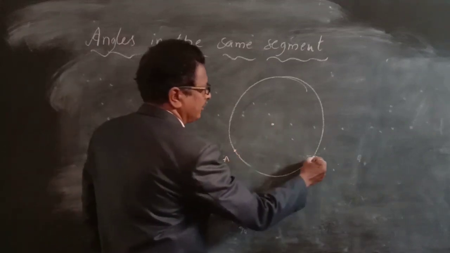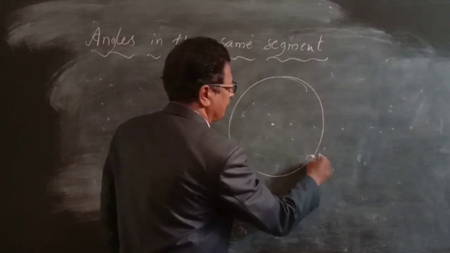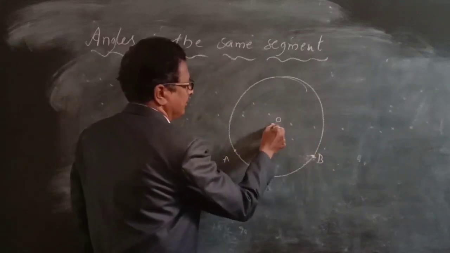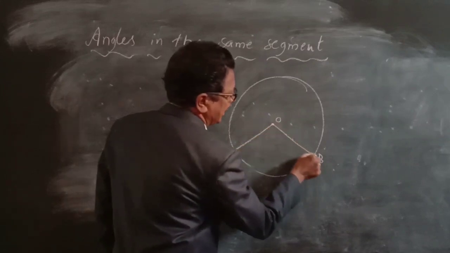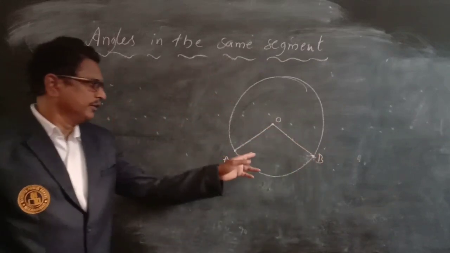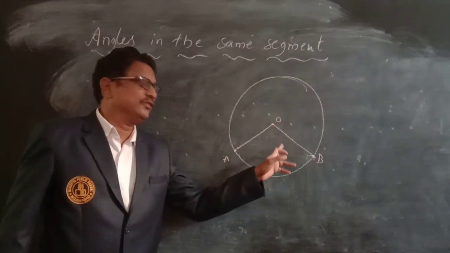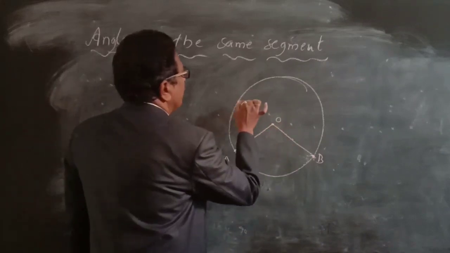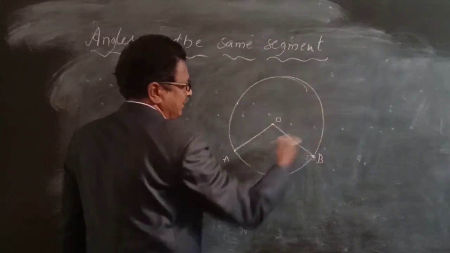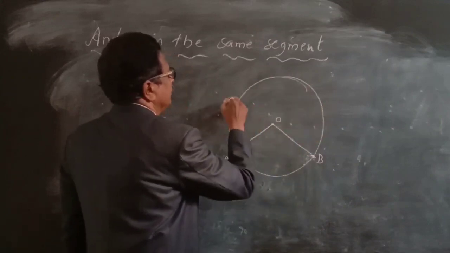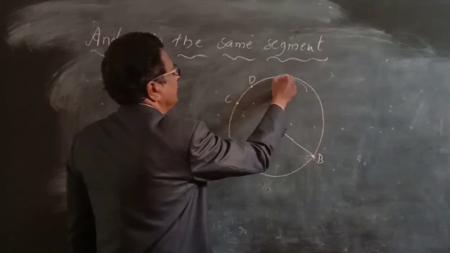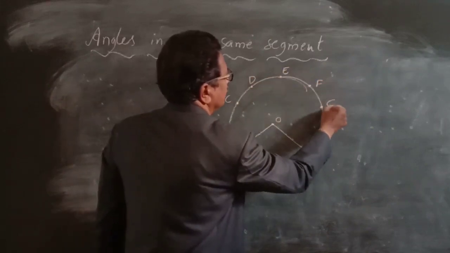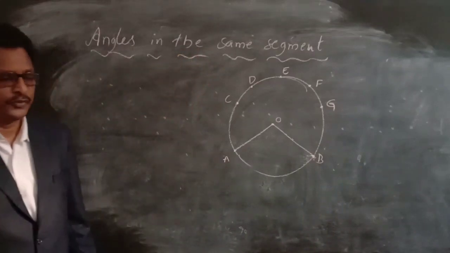Here AB is an arc. This is the center of the circle. This is the angle AOB. Angle AOB is subtended by the arc at the center. So here some points are there in this segment: C, D, E, F, G. These points are there.